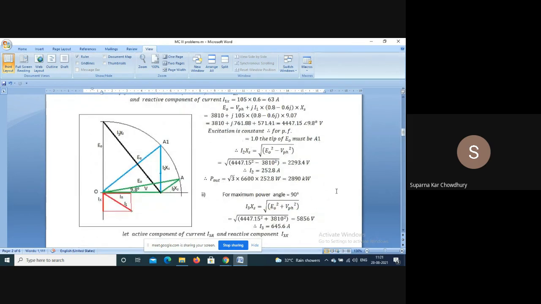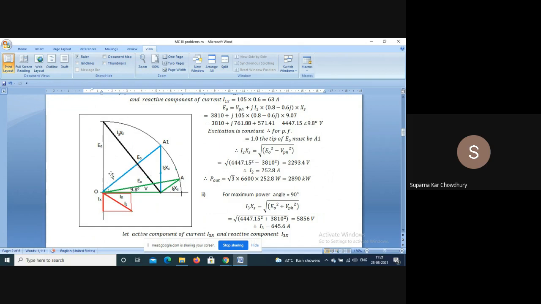Now the maximum load, theoretically, as it is a steady state change, delta maximum is 90 degrees. So for delta maximum 90 degrees, this is V, so E0 will be here. If E0 is here, this is I XS. So I will be perpendicular to this.